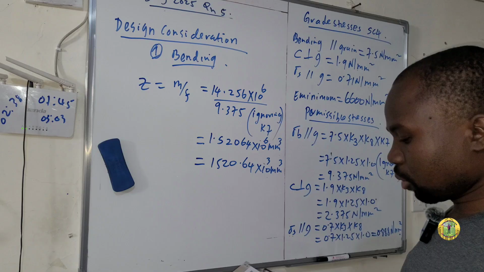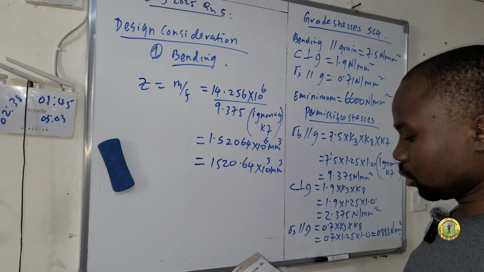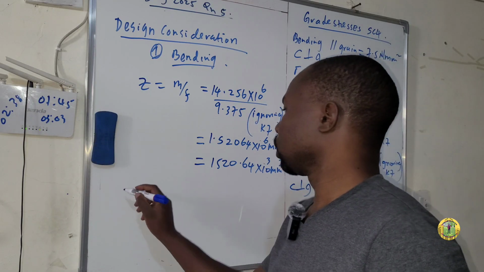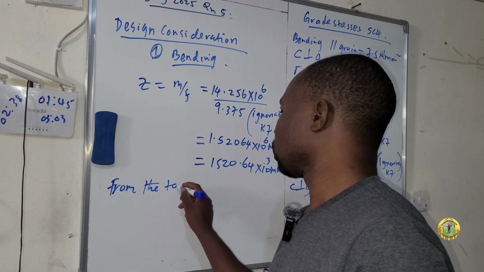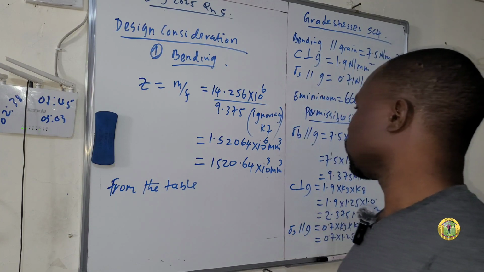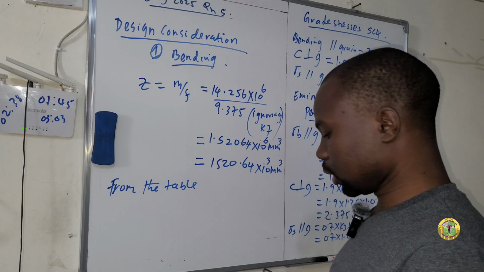So then from the table, Z provided: find the table and read the section size from that table.